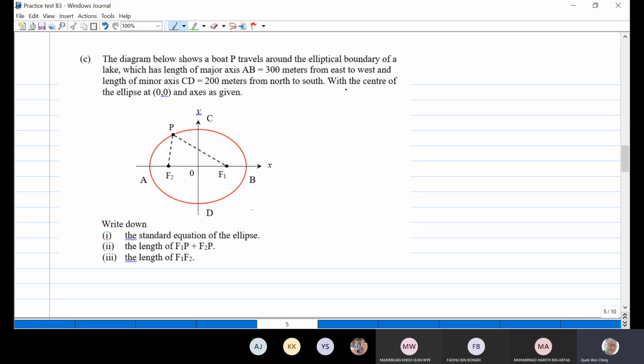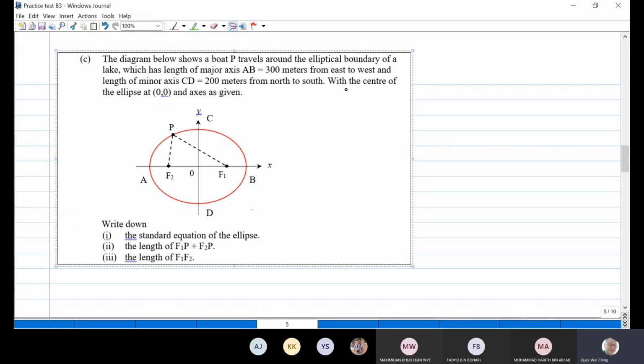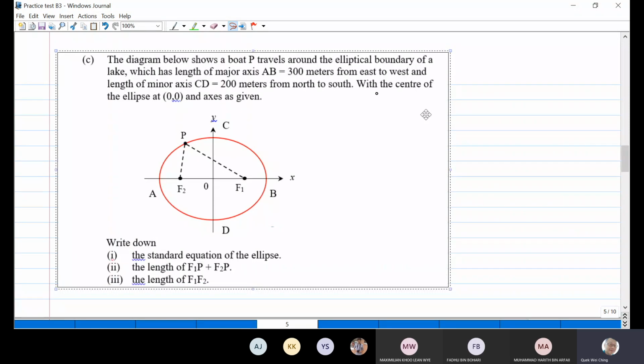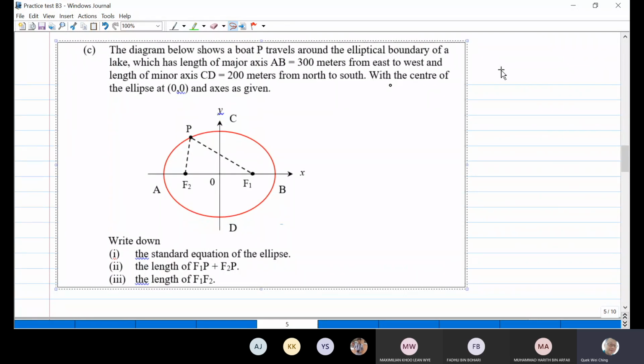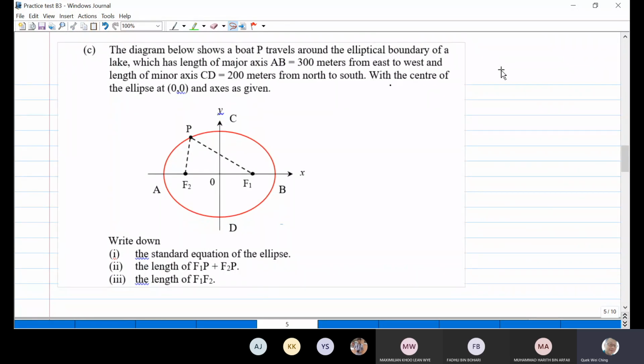So this is the question. So this is not in the practice exam because I changed the question there already. So this is part C now. So you always do something like this. Okay, ellipse. So you know it's going to be an ellipse in the exam.